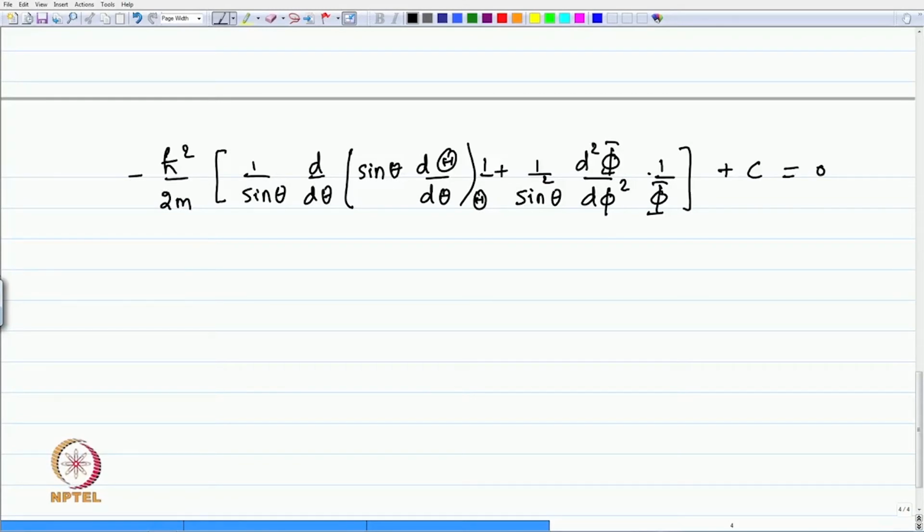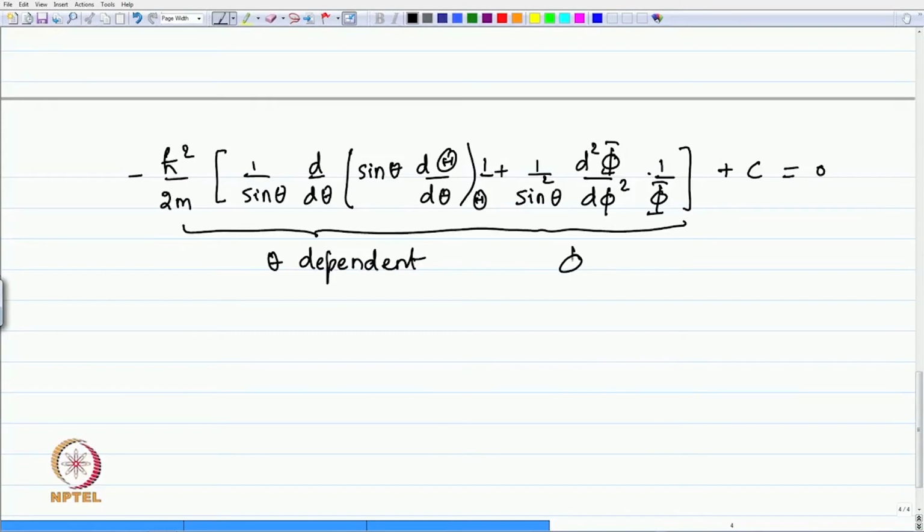Now, this equation again can be separated into theta dependent part only and phi dependent part only. If you multiply the whole equation by sin square theta, you will get c sin square theta, and then the first term will contain all the theta dependence terms. The second one will not have the theta dependent form, it will be only phi dependent part.